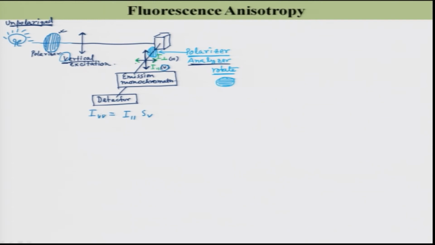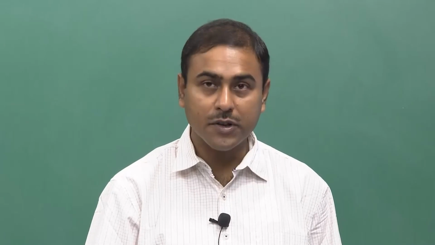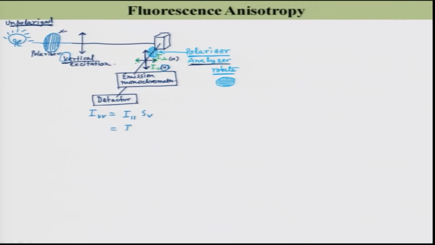Now, when you set the analyzer for the detection of I perpendicular, obviously that light intensity will be I perpendicular and that has to be multiplied with the sensitivity of the monochromator and detector for the horizontally polarized light. So, I will write I perpendicular multiplied by SH. This SV was for vertically polarized light.